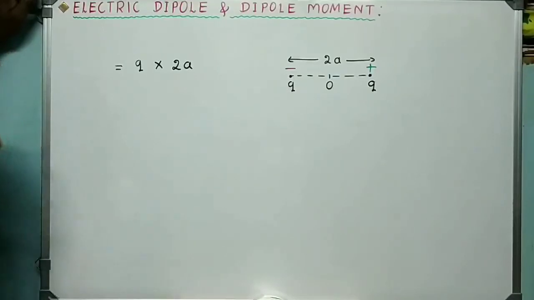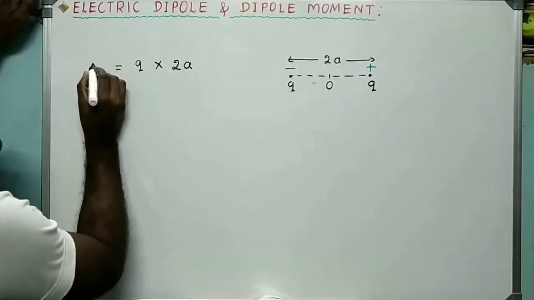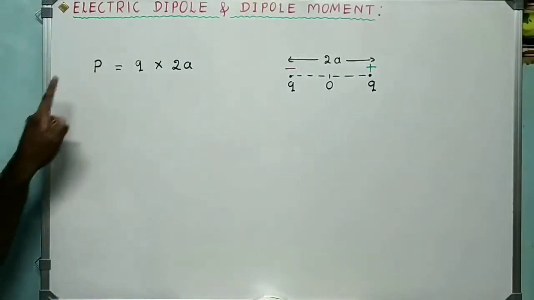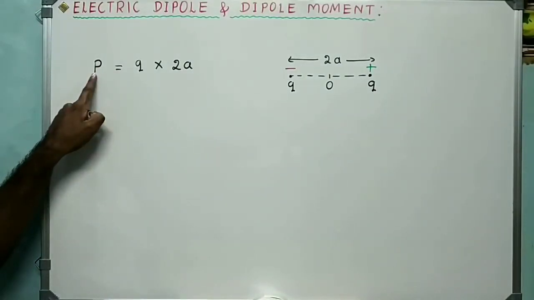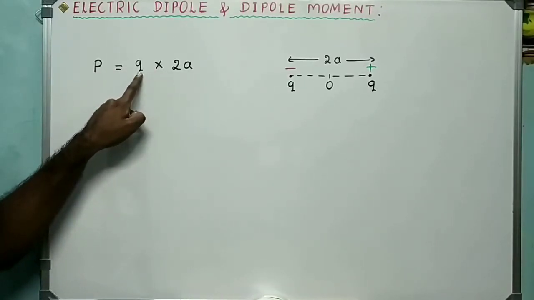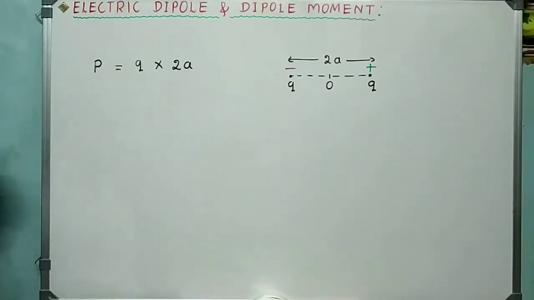Electric dipole moment is denoted by capital letter P. In this way, electric dipole moment is defined as the product of the magnitude of either charge and the dipole length of the electric dipole.